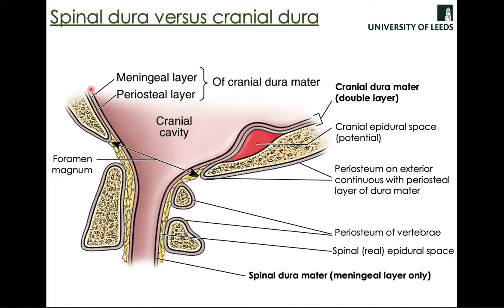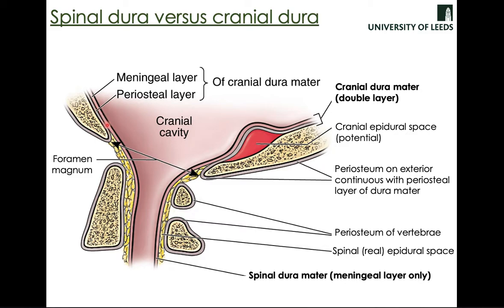So we have 2 layers and there's no separation between them, except at specific points. There are some exceptions where the meningeal layer protrudes to give us our falx cerebri, tentorium and falx cerebelli. But normally there's no separation between the two.